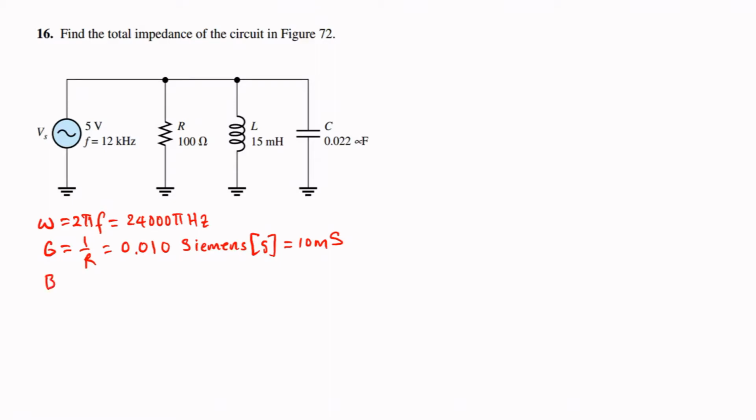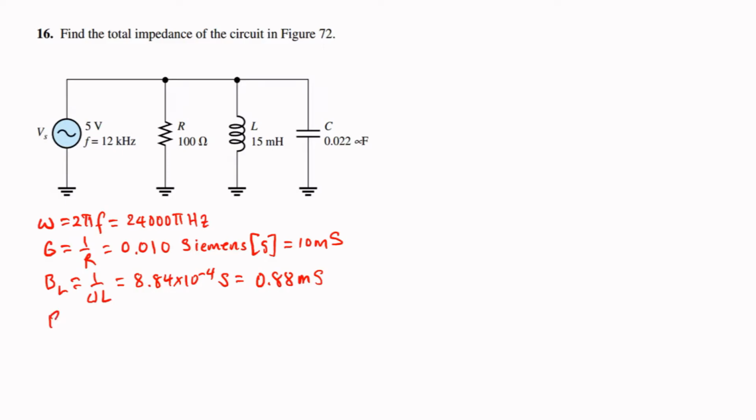For the inductive susceptance, which is the reciprocal of the inductive reactance, equal to 1 over omega L, we solve it as 8.84 times 10 to the minus 4 Siemens, or 0.88 millisiemens.